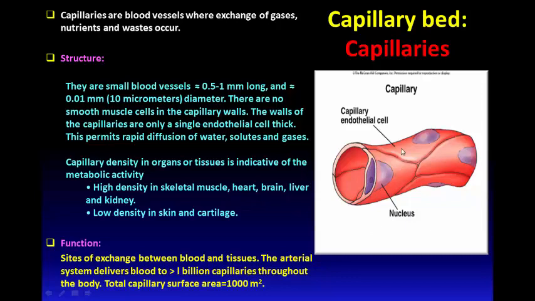The total surface area of the capillary beds in the body is approximately 1,000 square meters. So it is a huge surface area, and this huge surface area of the capillary beds of the body is very essential for the exchange of nutrients, gases, and the metabolic byproducts across the capillary walls.